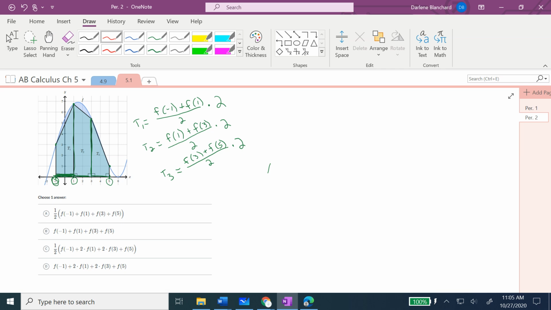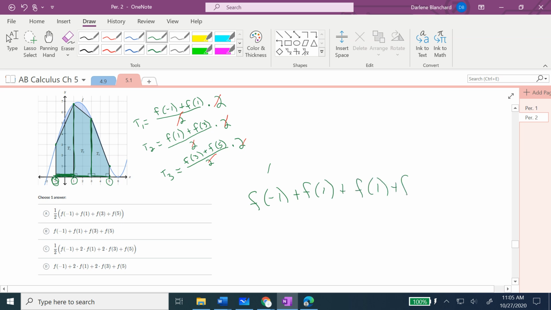Now, if I look at what's going on here, these 2's are canceling. And I'm ending up getting f of -1 plus f of 1 for trapezoid 1, f of 1 plus f of 3 for trapezoid number 2, and f of 3 plus f of 5 for trapezoid number 3. When x is 1, it is added twice.